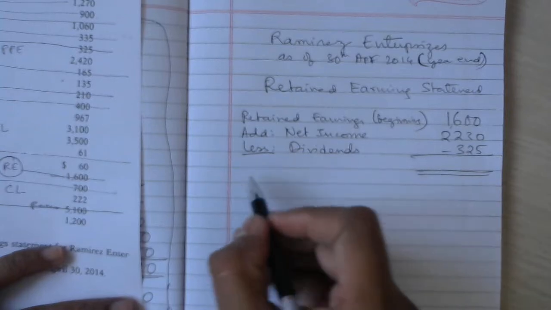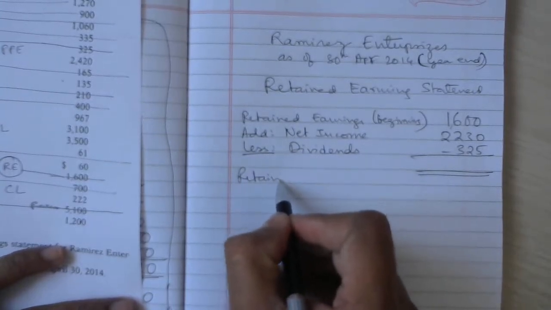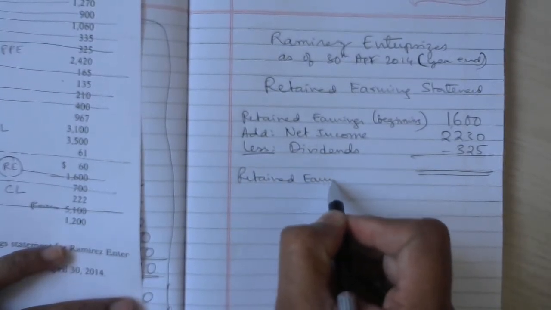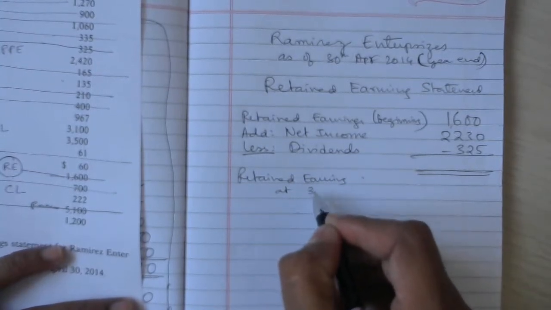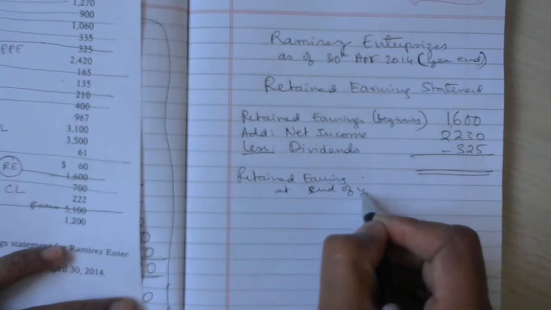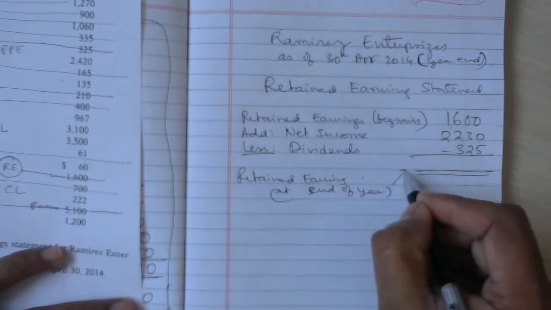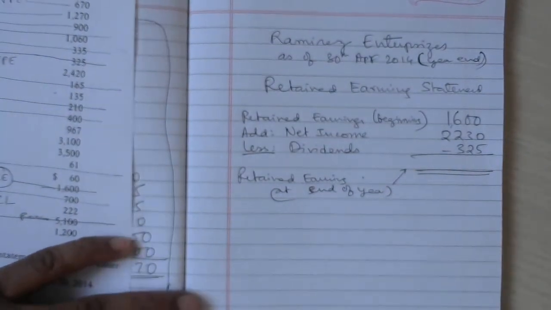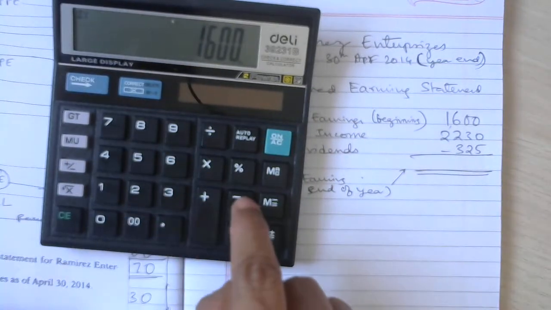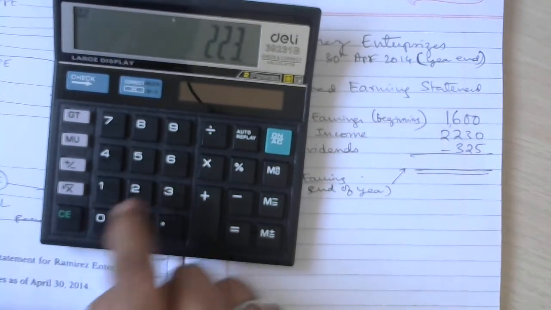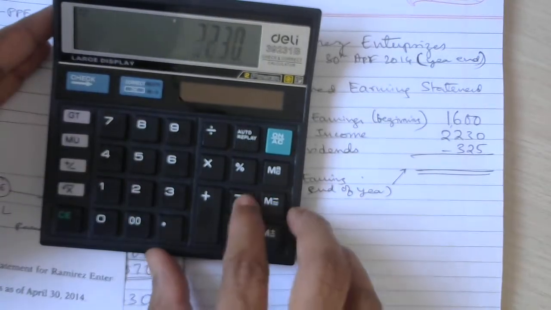Finally I have retained earnings at the end of the year. What is it? I'll just do 1600 plus 2230 minus 325.